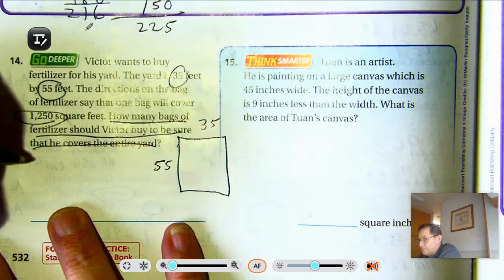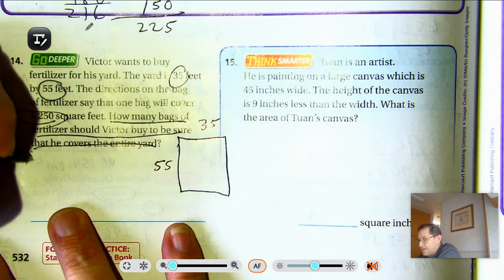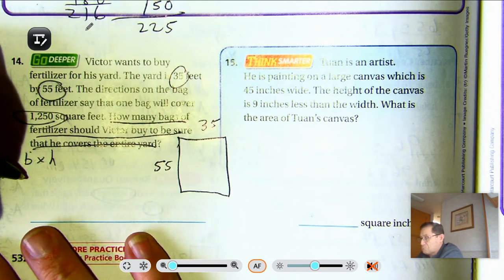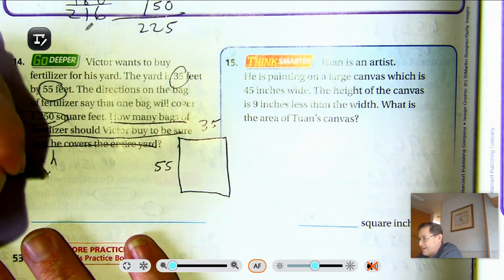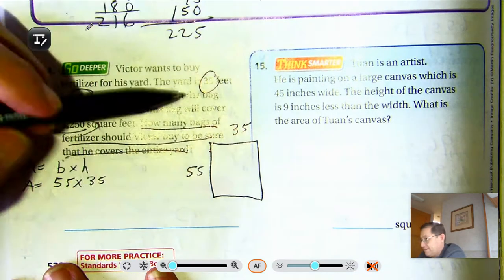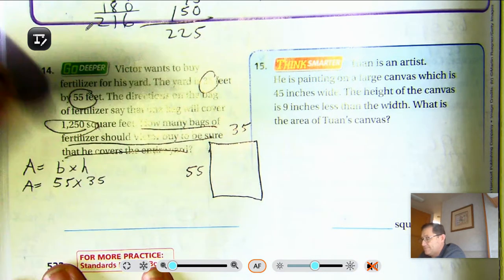So area equals base times height. The base is, we'll call it 55 and the height 35. Okay, the height being what's perpendicular to the base.